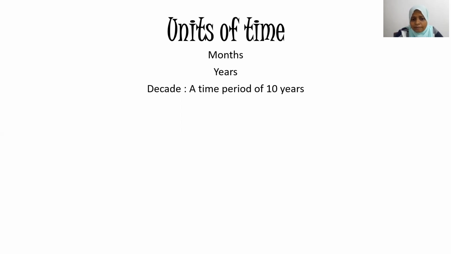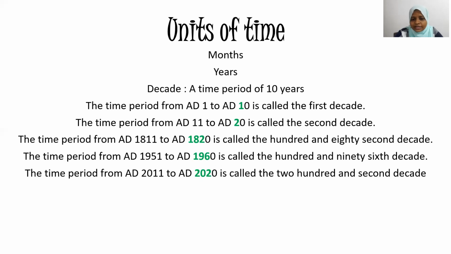That sounds easy, but that's not the way you're going to get questions. Now look at this, a whole lot of definitions come here. They have given you a time period of AD 1 to AD 10. You must know why we use the letters AD. It shows that the calendar we use is mostly AD, after Christ.